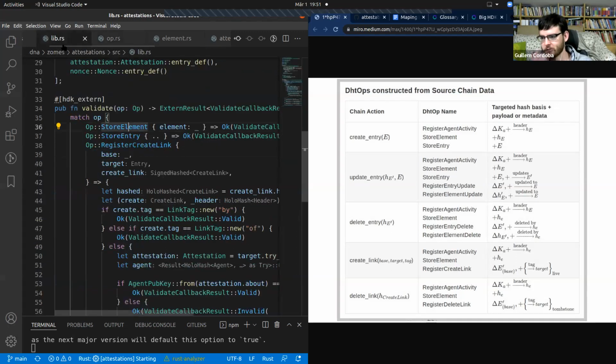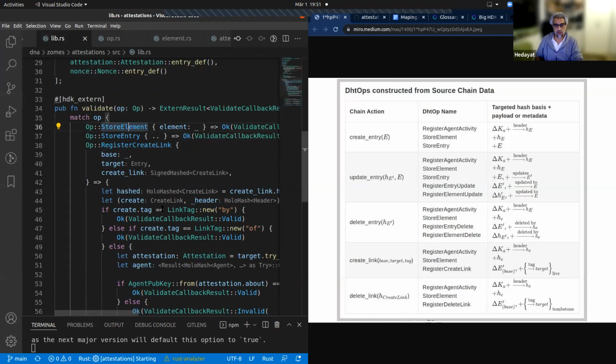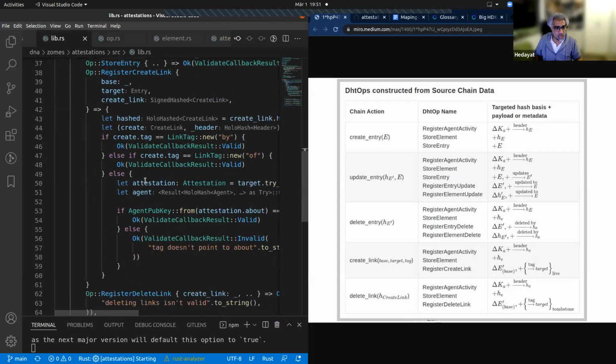Yes, exactly. What do we need? Because element is the combination of the header, which is the action or what happened, and the entry. The header can be delete, can be initial. If you give me the header, I can show the header. So it means we can validate header.